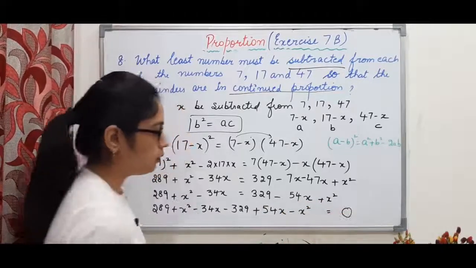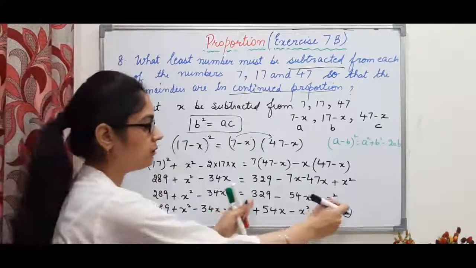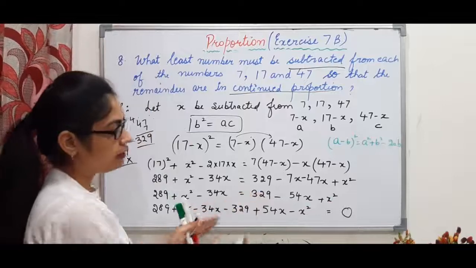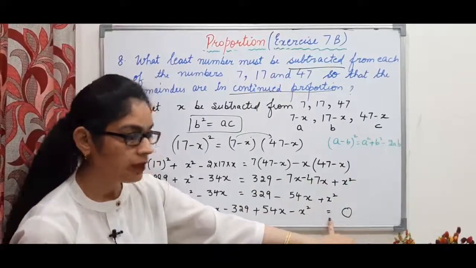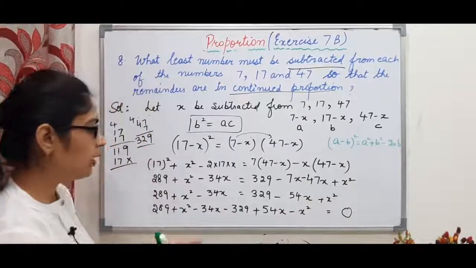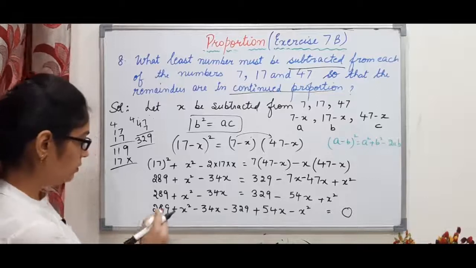So equals to 0. Don't forget to write, because there is a sign of equality and these terms we are shifting on this side. So this sign is still there, but on the other side now nothing is there. If nothing is there, we have to write 0.